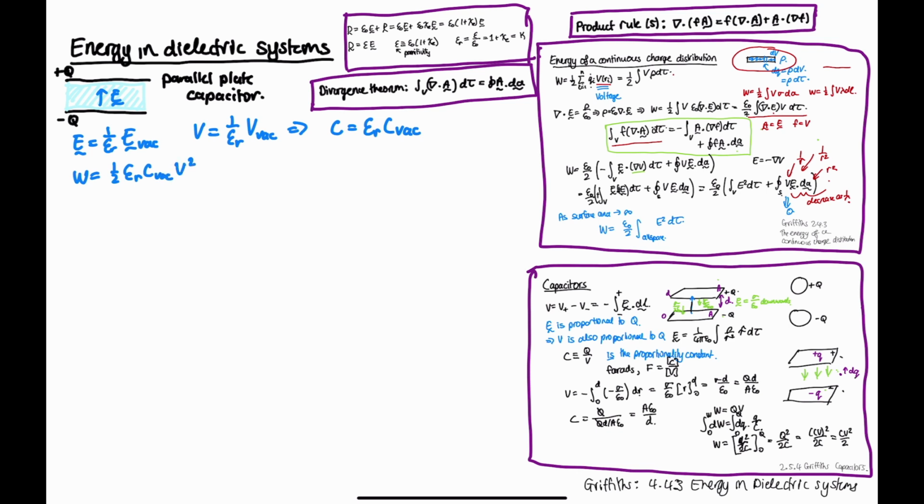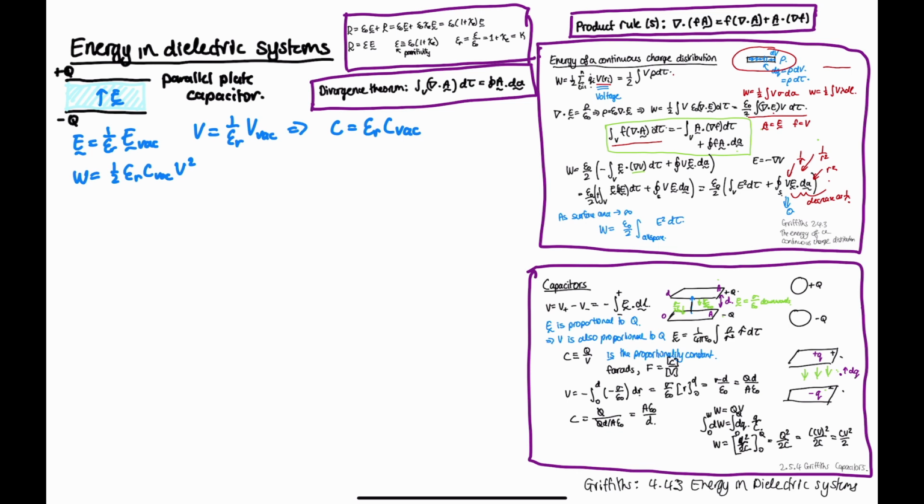So to get to the same voltage, we need to do more work in this case, which makes sense because the field in here is cancelling out part of what we're doing, so we need to do more. So that's one way we can consider how much energy it takes to charge up this capacitor and make this arrangement.